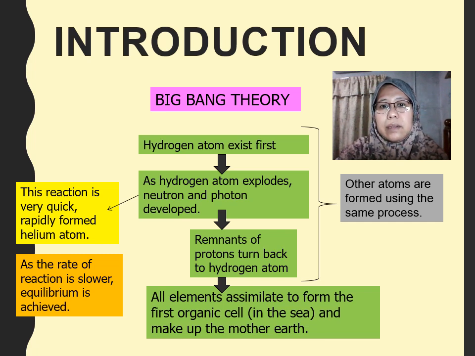And then the remnants of proton turn back into hydrogen atom. So the same process happens again. As the rate of the reaction is lower, equilibrium is achieved. All elements assimilate to form the first organic cell in the sea and make up the Mother Earth. This is how the Big Bang Theory is developed to explain the existence of the Earth, the world today.